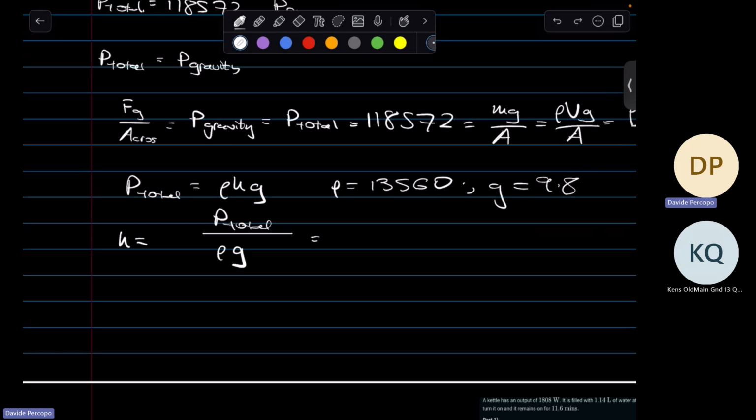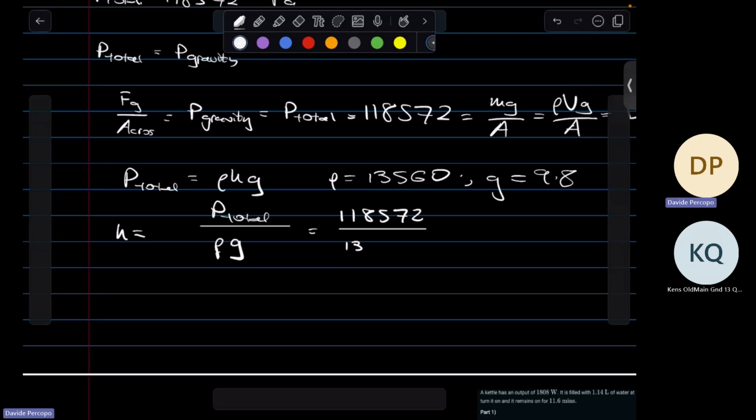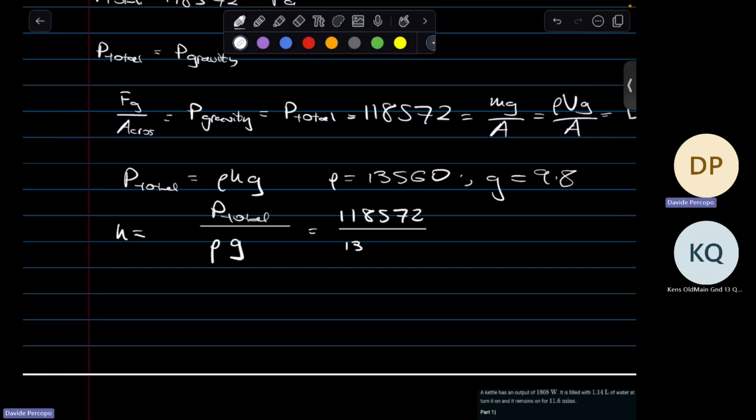What I'm trying to find is 118,572 divided by 13,560. That's rho, which means volume density.